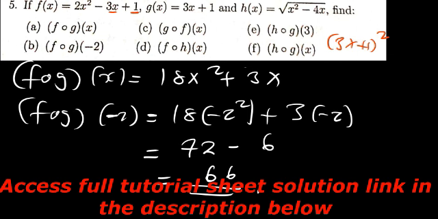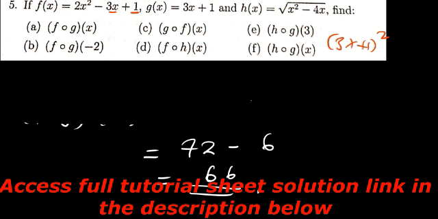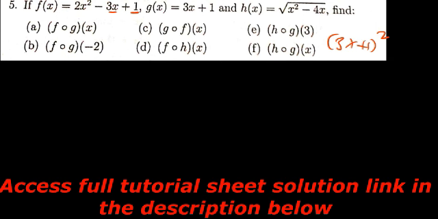Now let us go to C. Part C is telling us to find g of f, now the opposite of what we were doing. So in the function g, where there is x, we put f. That's what they want.